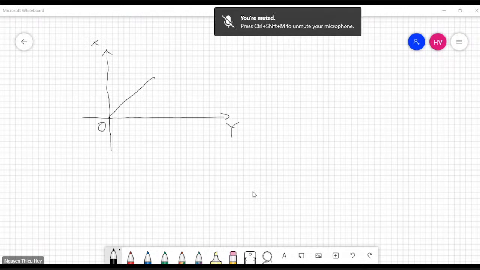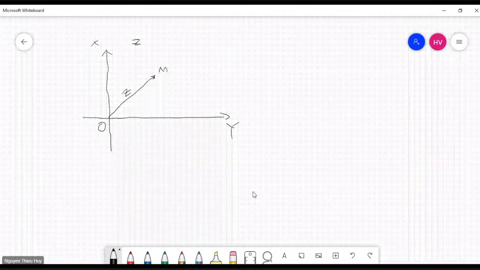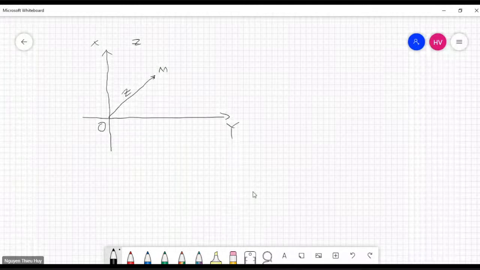Right? Yes. So you have here OM, which is Z. Remember, we have two representations of a complex number in the complex plane. You can represent a complex number as a point or as a vector.